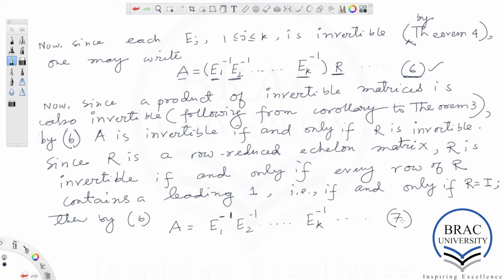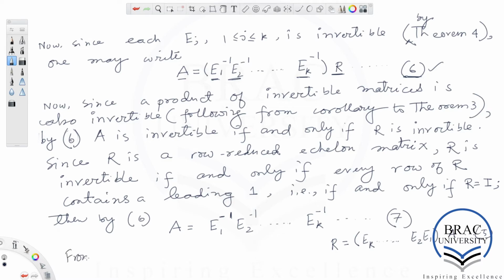Well, if A is invertible, then A must be equal to the product of these elementary matrices. Okay. I erased equation number 5, so let me write it for you here. We wrote equation number 5 as R equal to EK times E2 times E1 times A. This was our equation number 5.